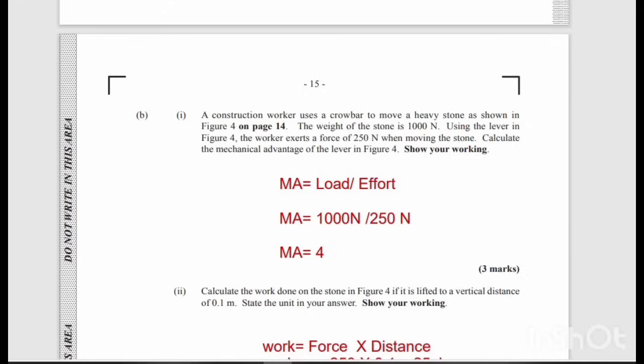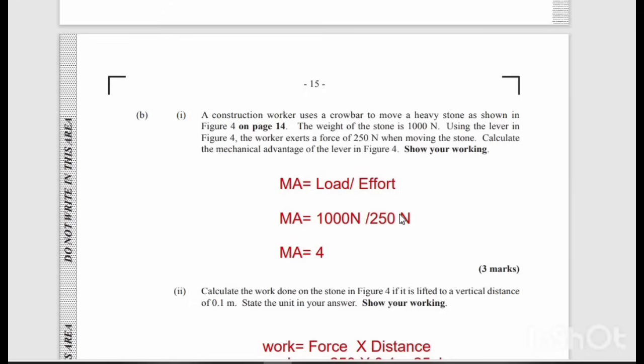In this case, the weight of the stone is the load, so that is 1000 newtons. And then the effort would be the force of 250 newtons that the worker is using to move the stone. So we have 1000 newtons divided by 250 newtons, which would give us a mechanical advantage of 4.